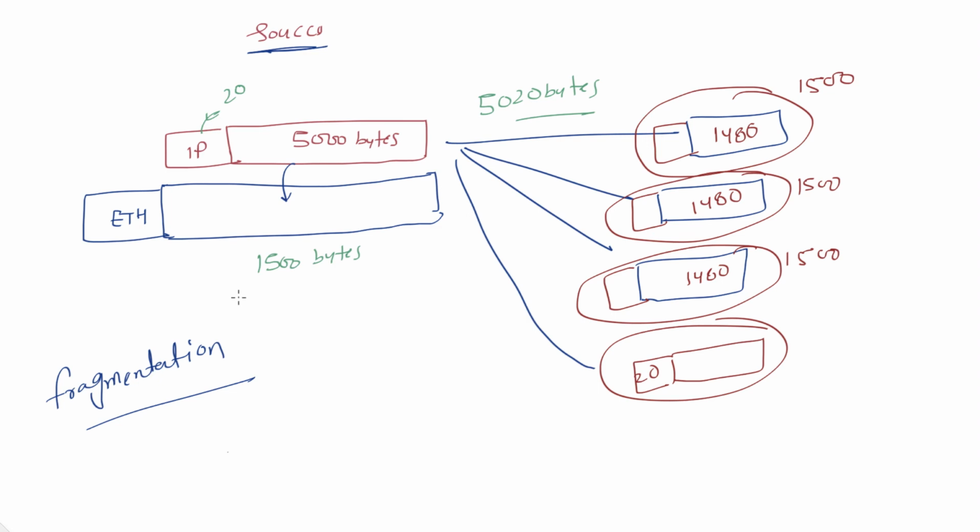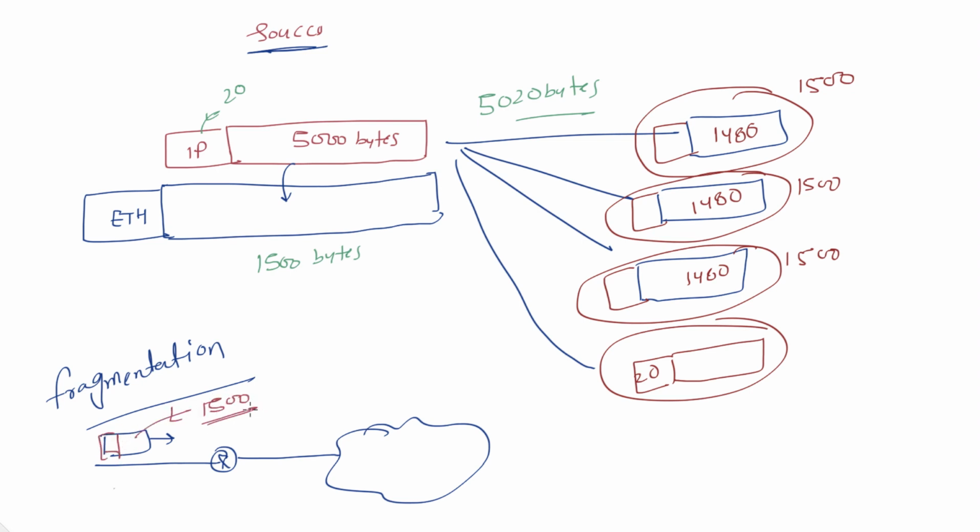Suppose there is some network and this is the router, and this is the packet coming to the router, and the data is contained in an Ethernet frame, which means the total data is less than 1500 bytes. But this network is not even allowing 1500 bytes. Maybe the MTU at this network is, say, 1000 bytes.